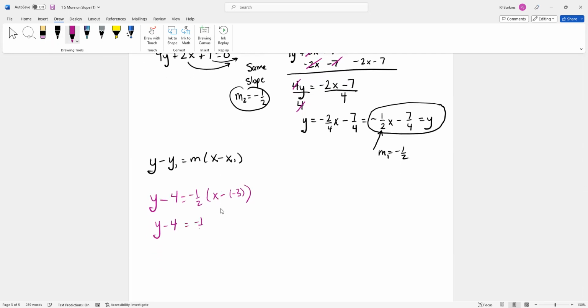So this is x plus 3 inside. Then I need to distribute here. So I'm going to get minus 1/2 x minus 3/2.